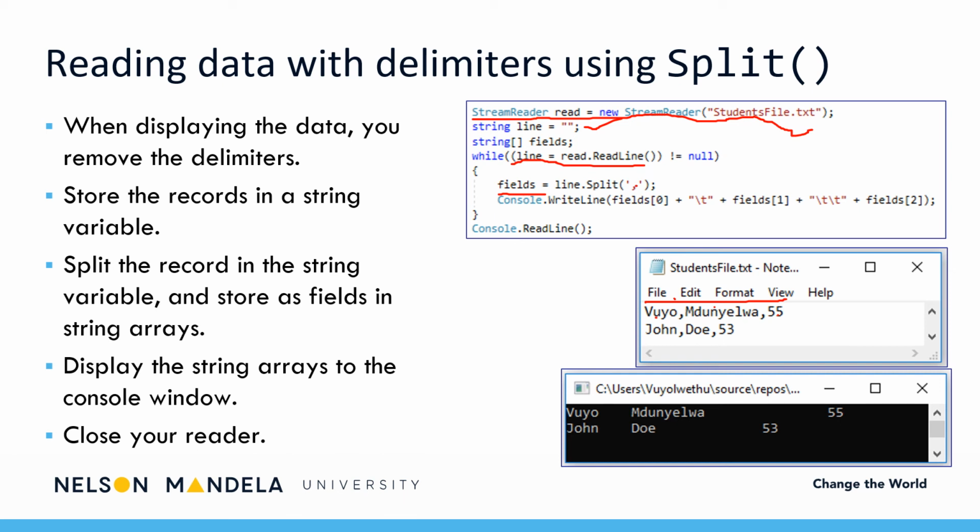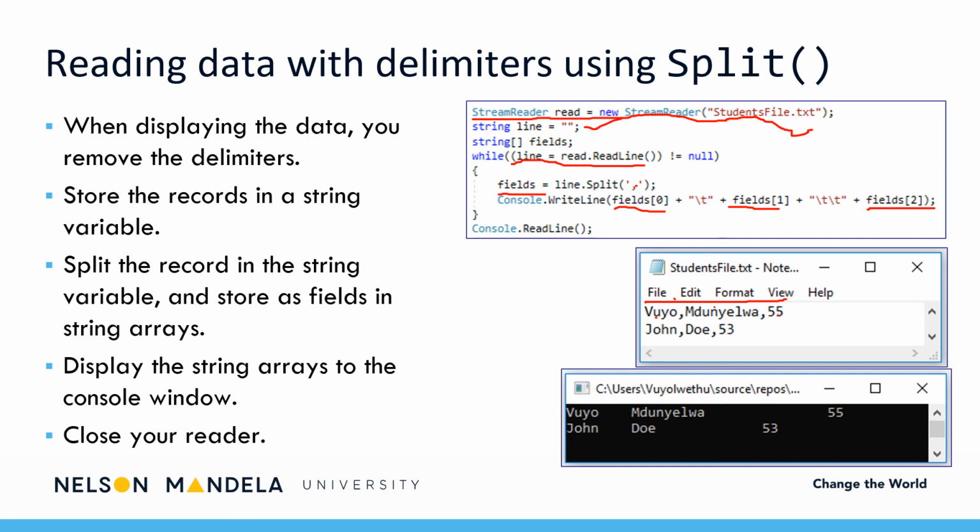Now once you split, you're going to have 3 array elements because you've stored this information into an array. The first is going to be filled into 0 because that's the name. The second is going to be filled into 1 and then the third into index number 2. And then you're going to be writing that.